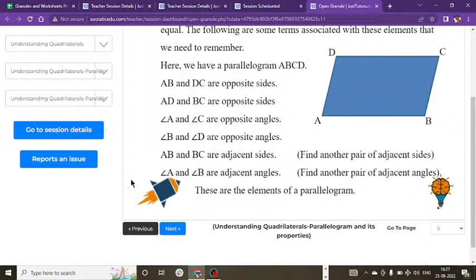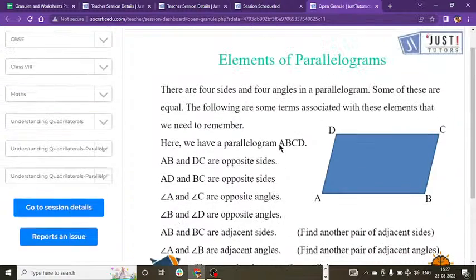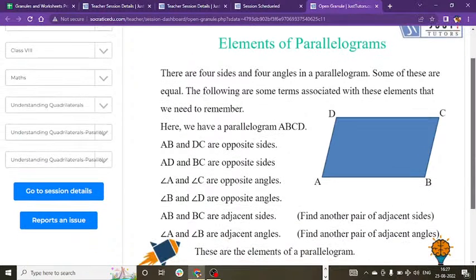Now, angle A and angle B are adjacent angles, so find another pair of adjacent angles. Angle C and angle D are also adjacent angles. So all these are the elements of a parallelogram. I hope you are clear about the elements of the parallelogram.